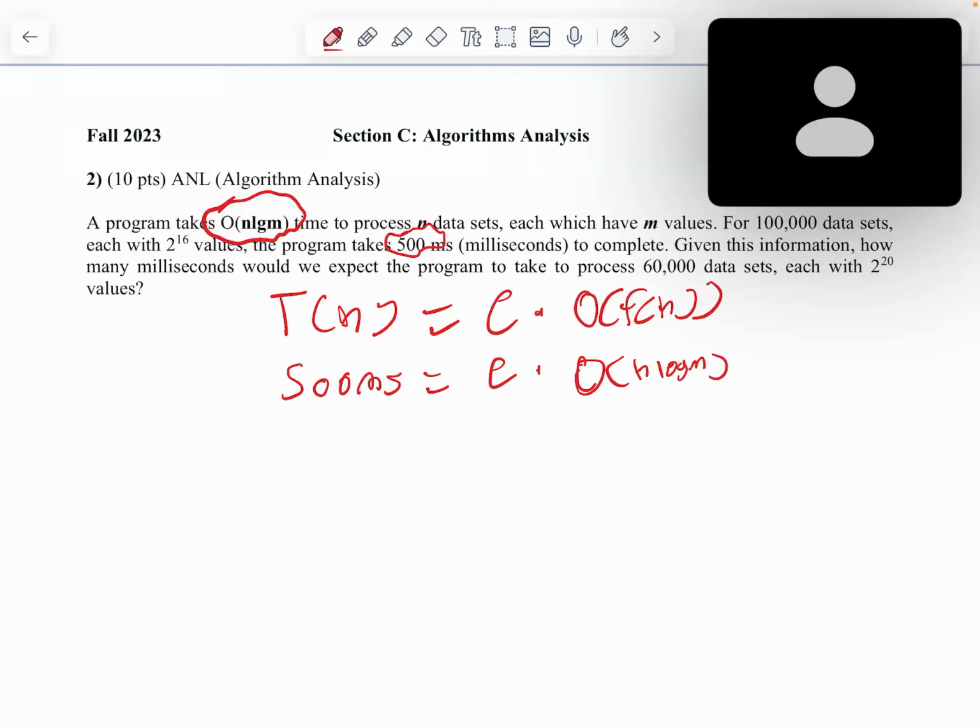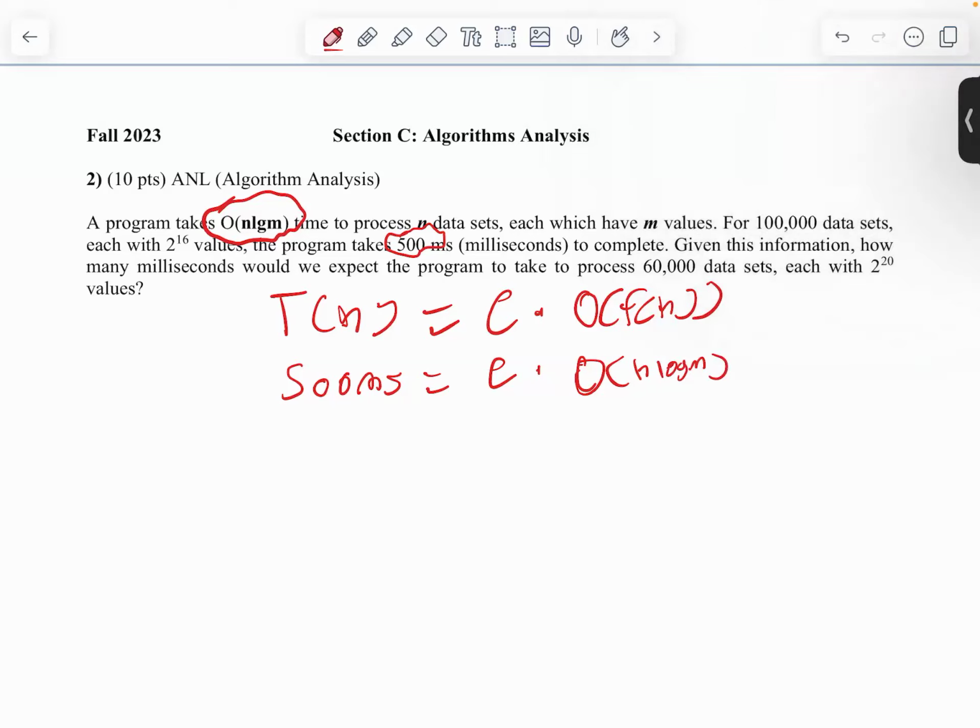And then we know that we're also given our n, because we know our n is data sets. So this is our n, because it's 100,000 data sets with 2 to the 16 values.